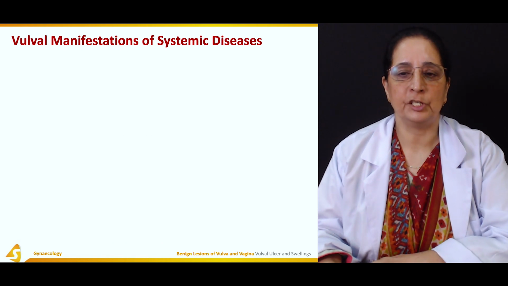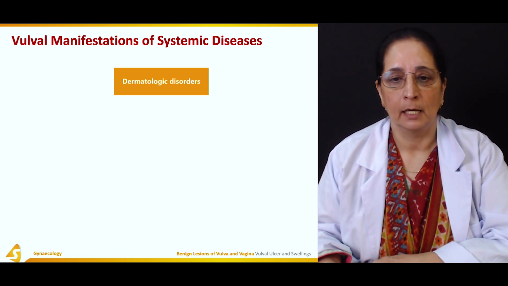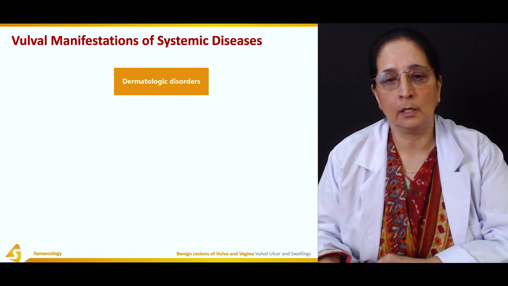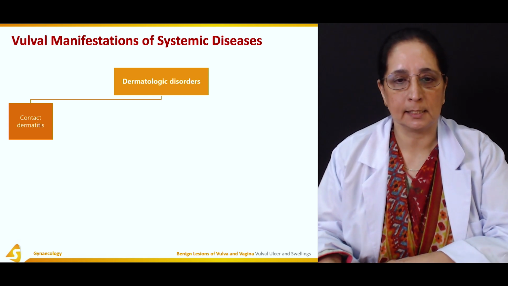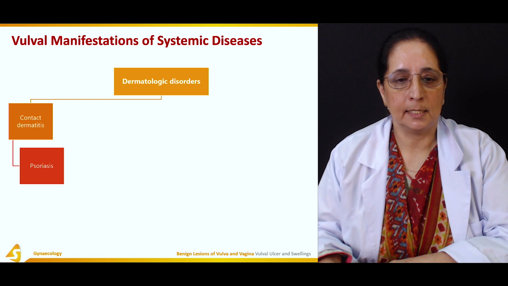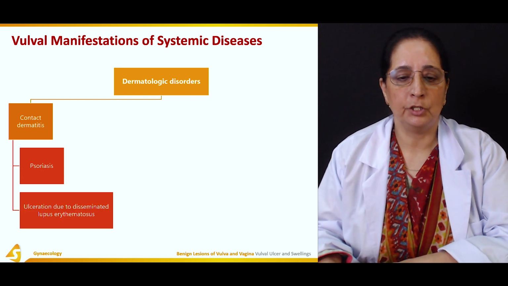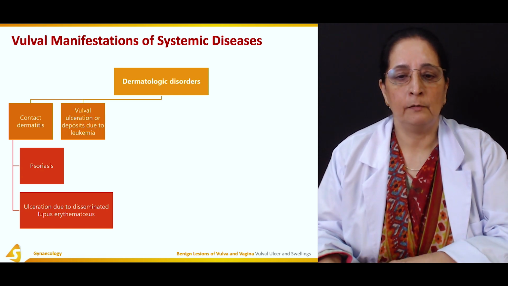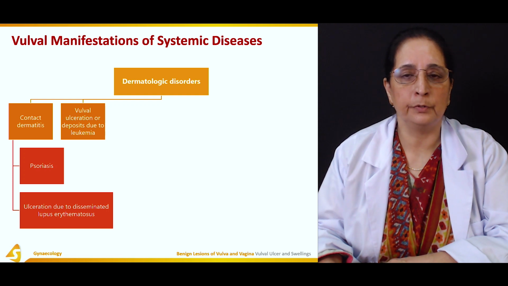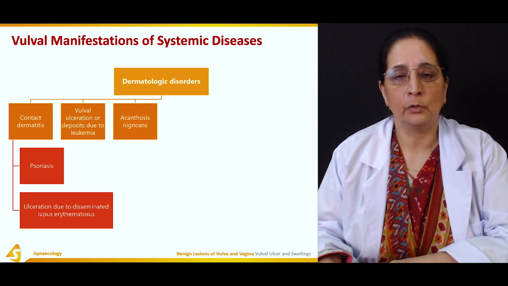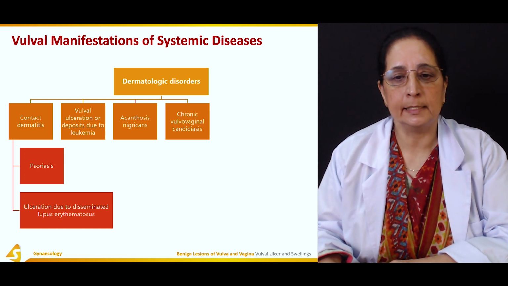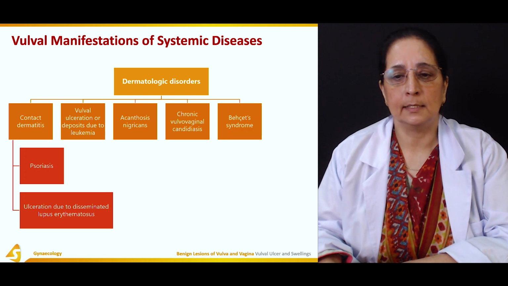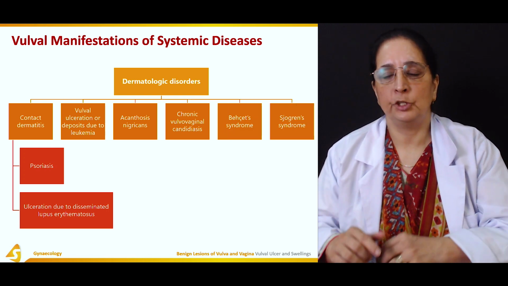Next, vulval manifestations of systemic diseases. Some dermatological disorders lead to vulval manifestations, like contact dermatitis, psoriasis, and ulceration due to disseminated lupus erythematosus. Then vulval ulceration due to leukemia, acanthosis nigricans, chronic vulvovaginal candidiasis, Behcet's disease, and Sjogren's syndrome.